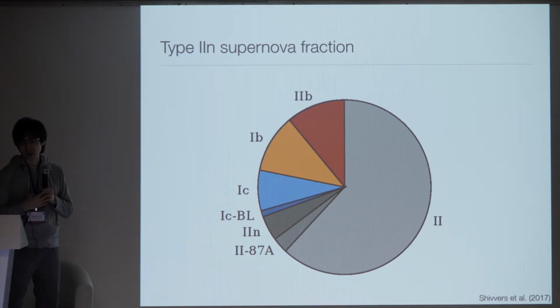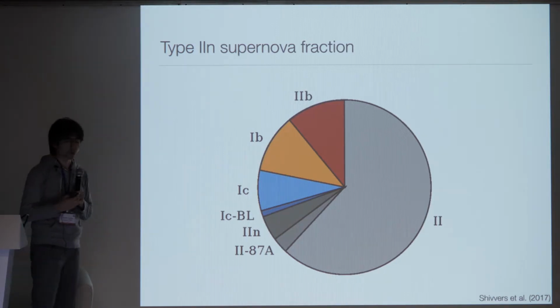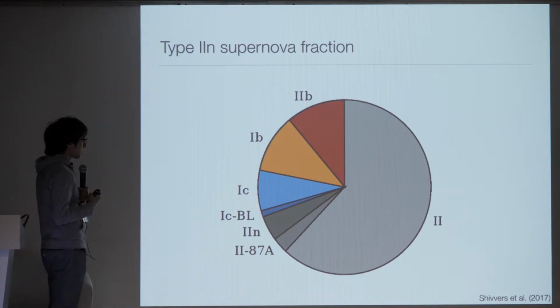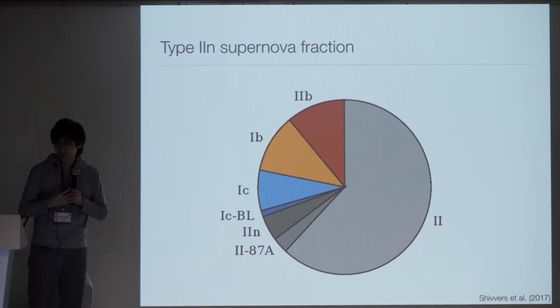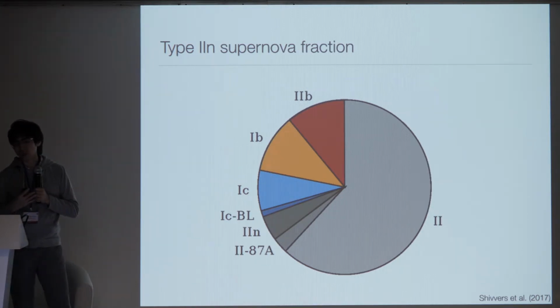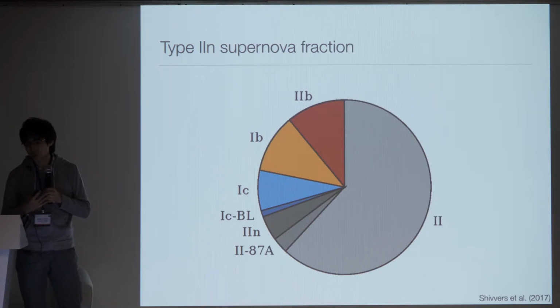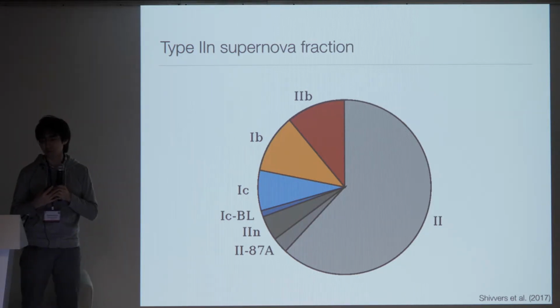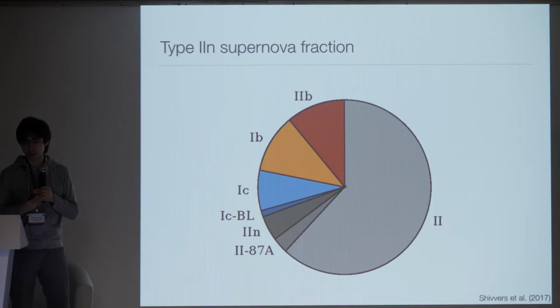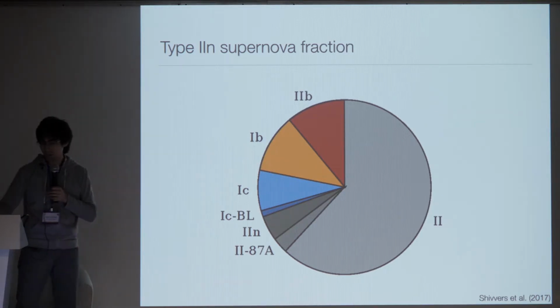Some kind of progenitor should be losing a lot of mass before the explosion. So the question is how much mass is surrounding these type 2N supernova progenitors, and what is the mass loss rate of the progenitors that make this kind of supernova.